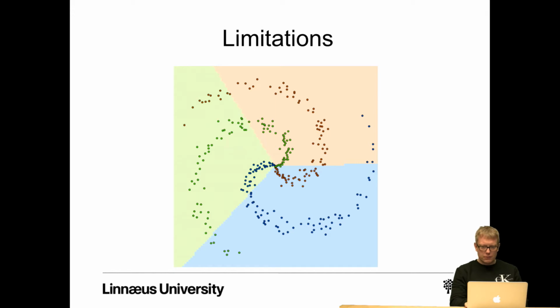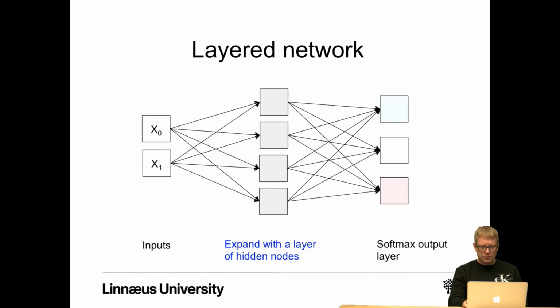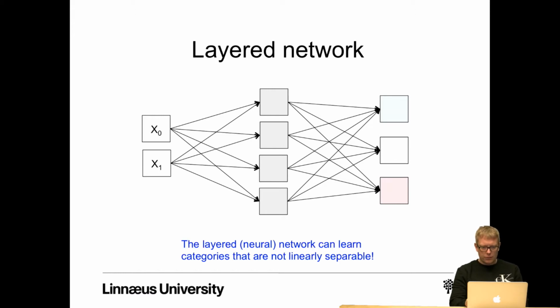To solve this, we need to expand the network with a layer of hidden nodes, of nonlinear nodes. And the layered network, or what we usually call a neural network, can learn categories that are not linearly separable.